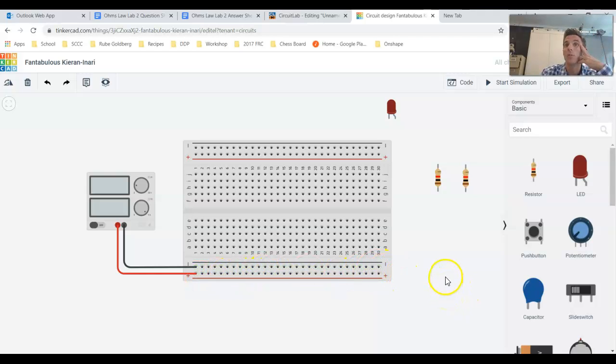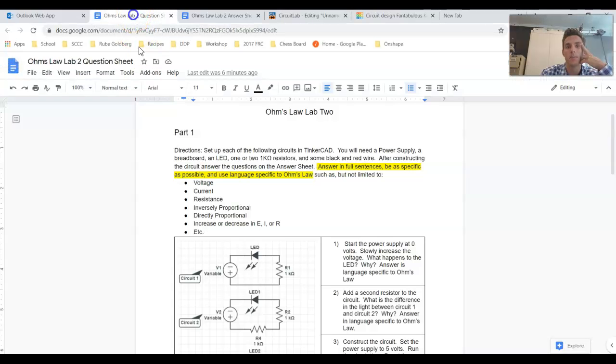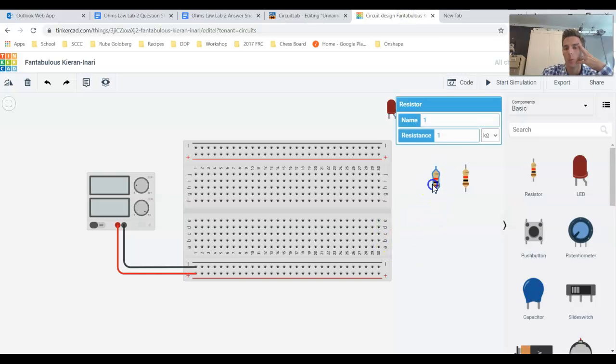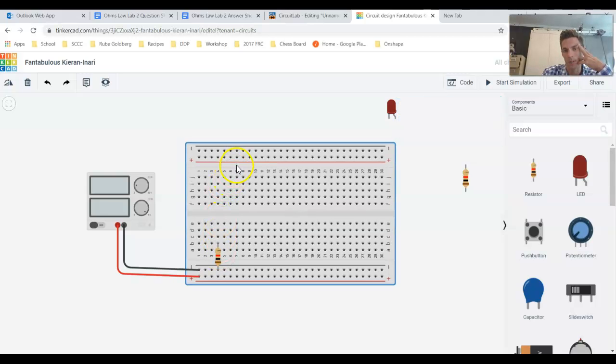All right. So for circuit number one, we're going to set up a series circuit with an LED and a 1 kilo ohm resistor and a variable power supply. That's what that is right there. So here's my 1 kilo ohm resistor. It could be in my positive or my negative, it doesn't really matter.